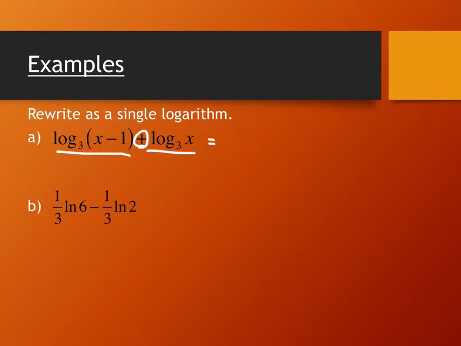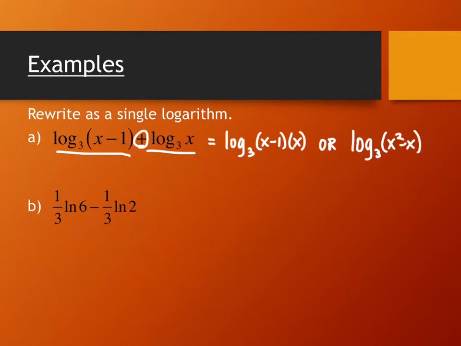Would it be log base 3 of x minus 1 times x? Yes, it would. As far as I'm concerned, it's fine for you to leave it like that. If you're checking the back or if MyMathLab doesn't like it, it might want you to multiply the x minus 1 and the x together, actually multiply those out. So another version of this would be log base 3 of x squared minus x. Okay. It was addition, and it became a product on the inside of a log.